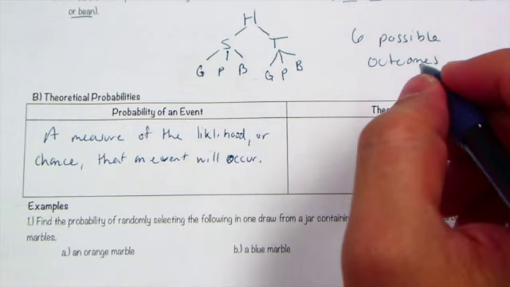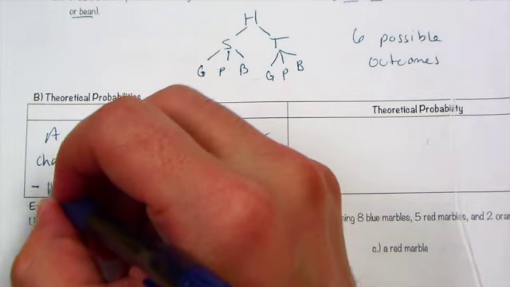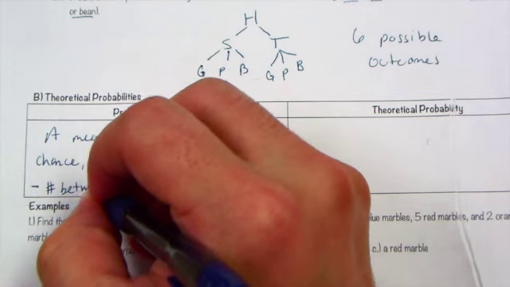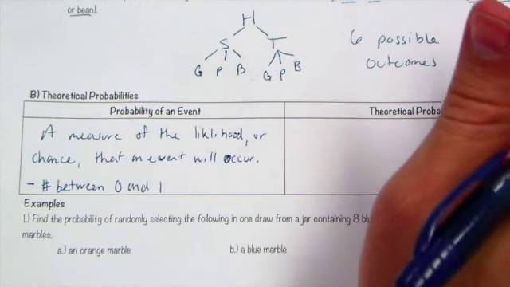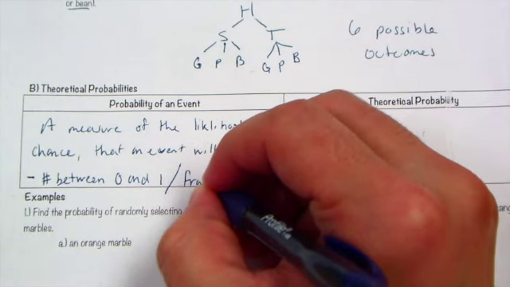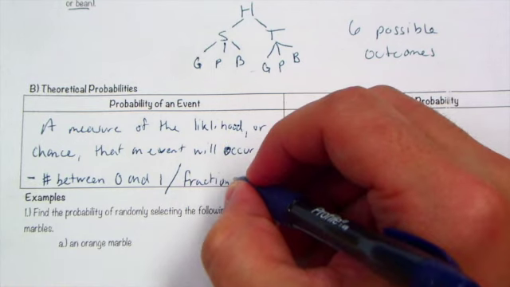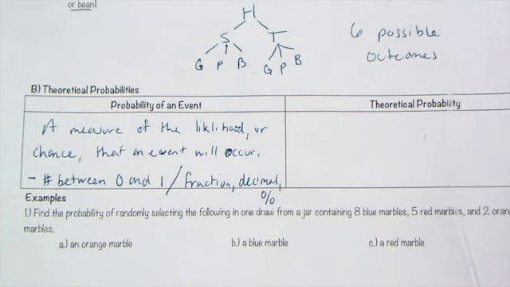Your probability is always going to be a number between 0 and 1, because it's always going to be a fraction, a decimal, or a percent. Because probabilities are always something out of something, you could see it as a fraction, a decimal, or a percent.